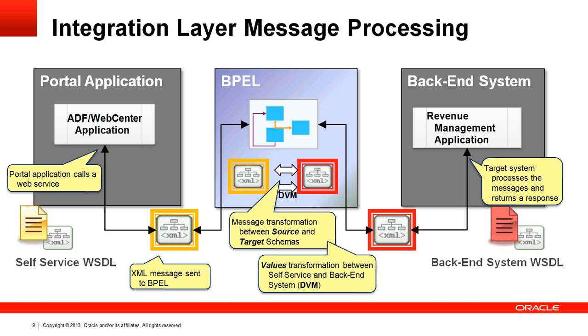So the message goes all the way to the backend system, and then when the message is processed and the response is generated, the response will travel all the way back, going through the same stages but the other way around. So there will be translation of values if needed, and then transformation of messages if needed. That's a typical way these three layers communicate with each other.